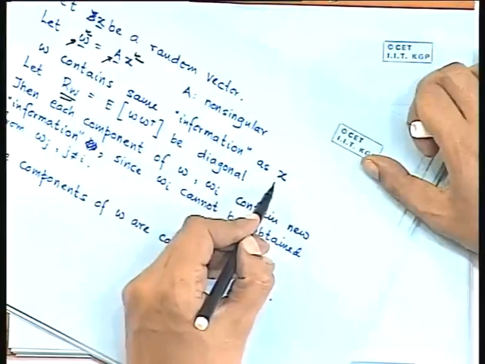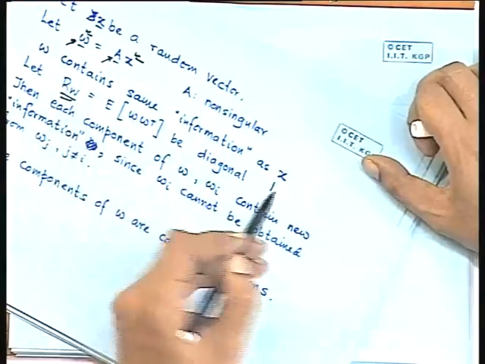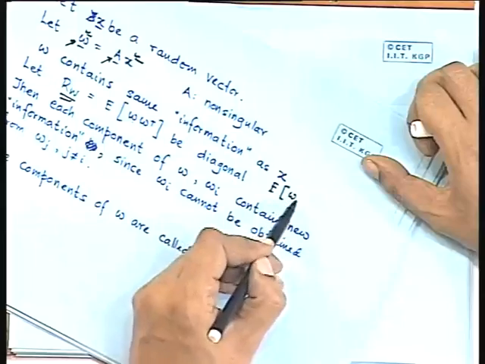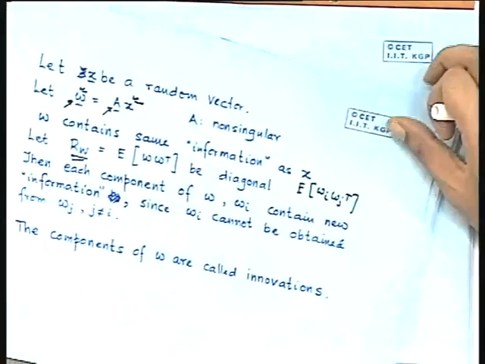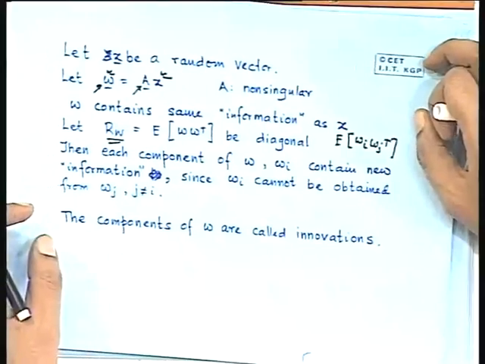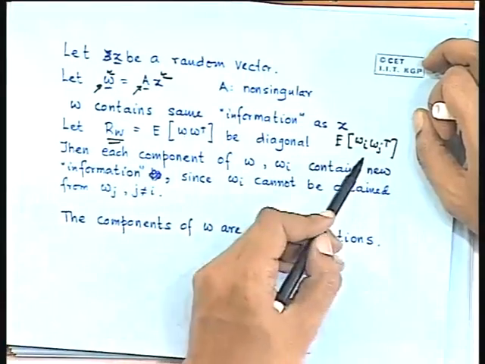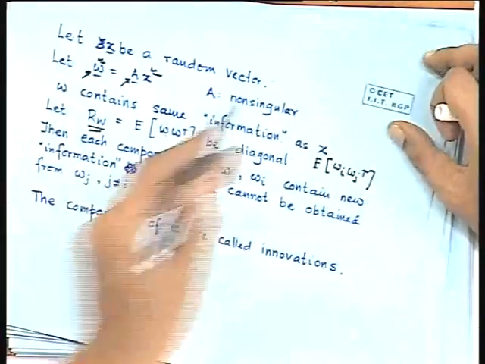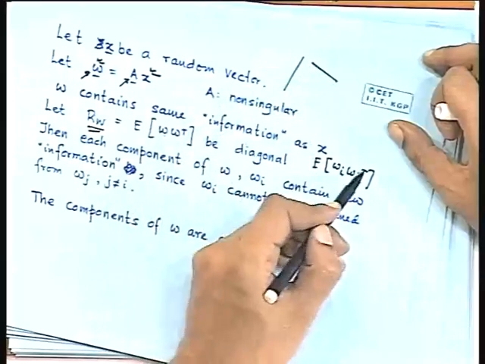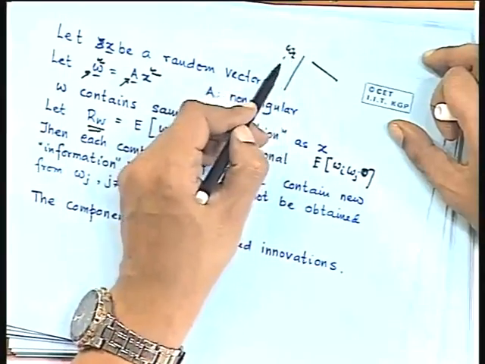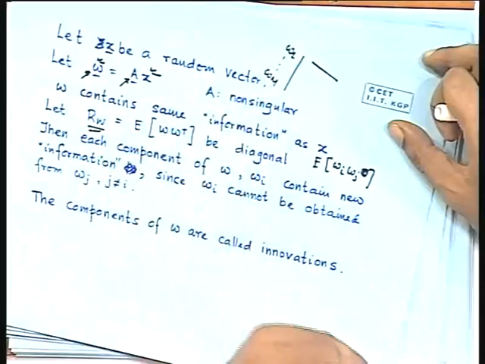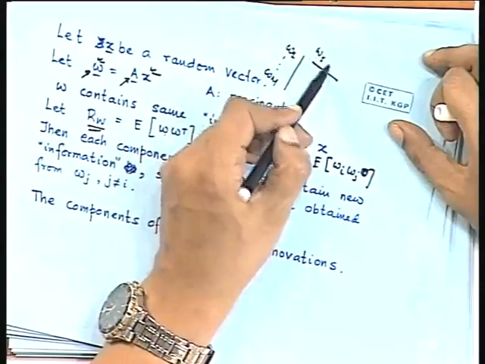The ijth element of this matrix will be the expectation of Wi Wj. This is a vector, this is a vector, actually this is a transpose. Suppose W has elements W1 up to Wm, here also W1 up to Wm.